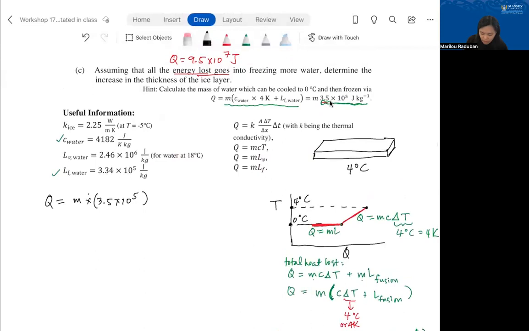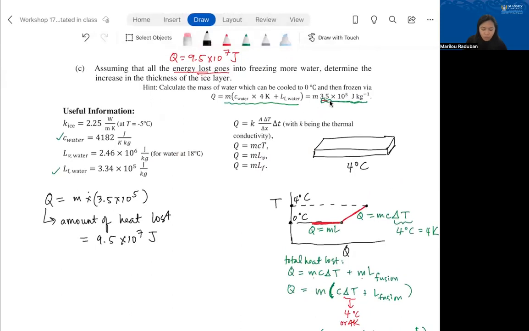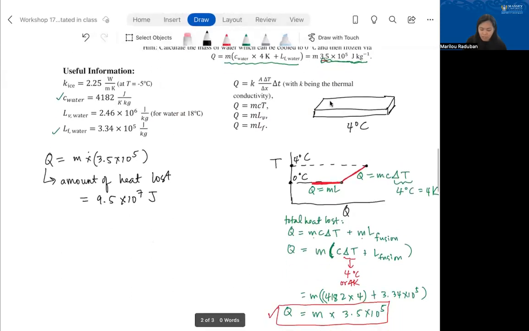Q here is the amount of heat lost, and that's equal to 9.5 times 10 to the 7 joules, because we assume that all of the heat lost goes into freezing water. Then the only thing we don't know here is the mass. So find mass.